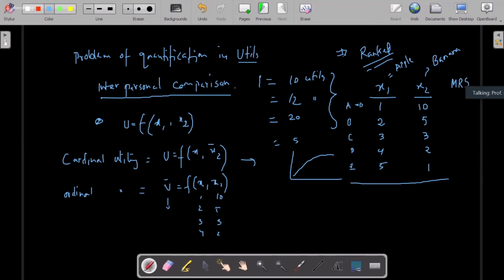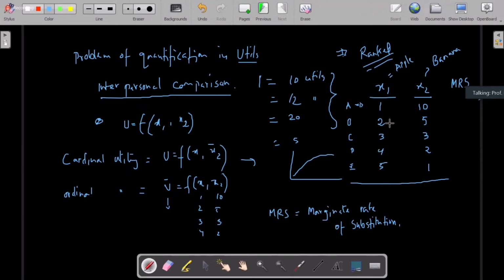MRS of X1 and X2. The elaboration of MRS is marginal rate of substitution.